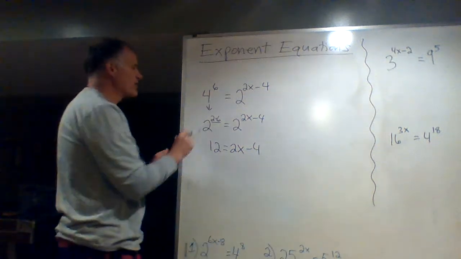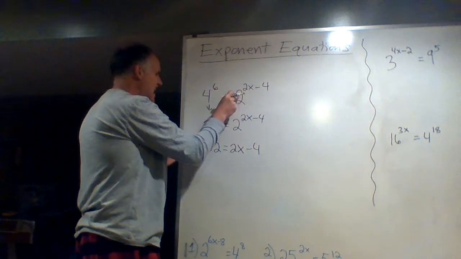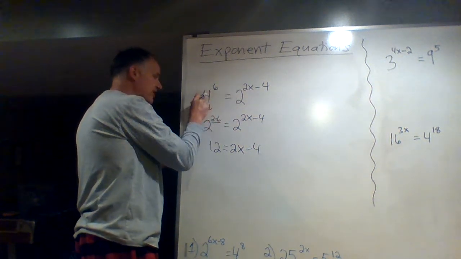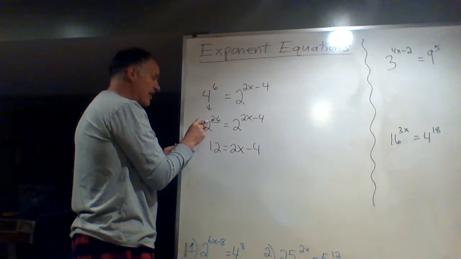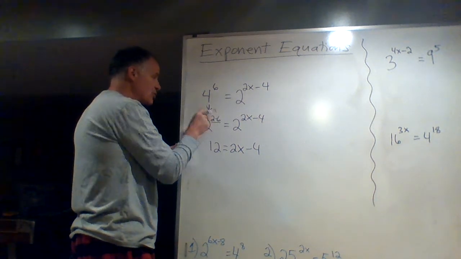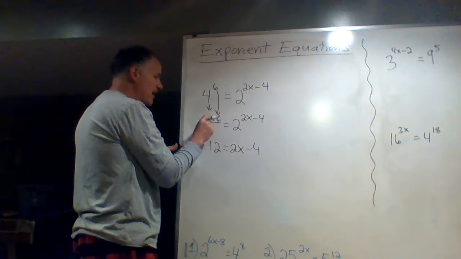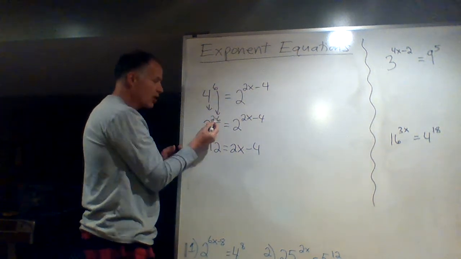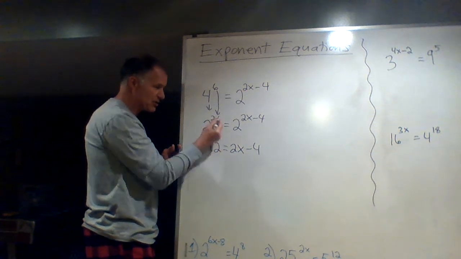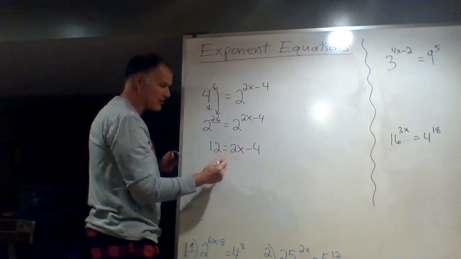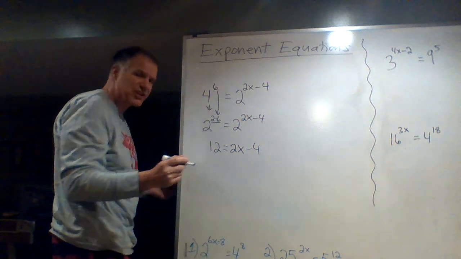So let's go over the steps again. 4 is not the same as 2, but 4 can become a 2 if I think of 2 squared, because 2 squared makes a 4. The 6 that was already there comes down. The 2 that I created goes with the 6. 2 times 6 makes 12. Now I just have to solve this. Again, this is just Algebra 1.